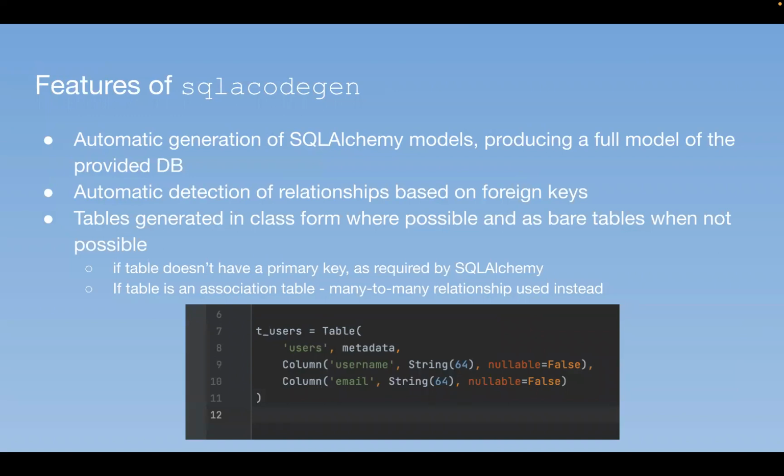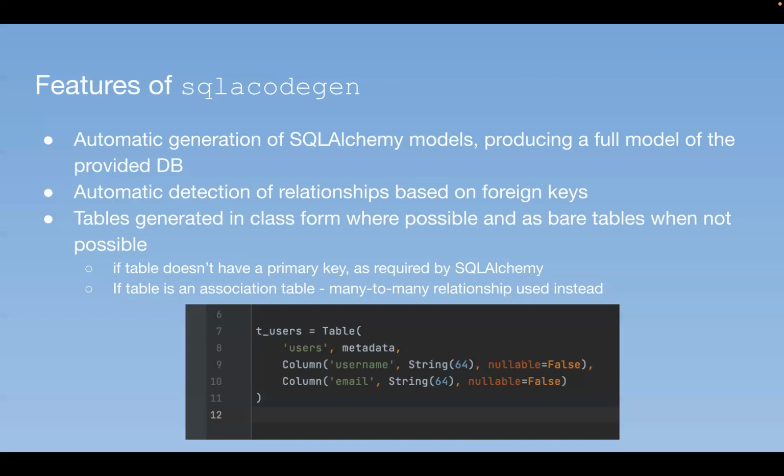As well as this, it can automatically detect SQLAlchemy relationships based on the foreign keys that are in the different tables. Most of the time, it's going to generate these in the class form of SQLAlchemy table that we're used to.